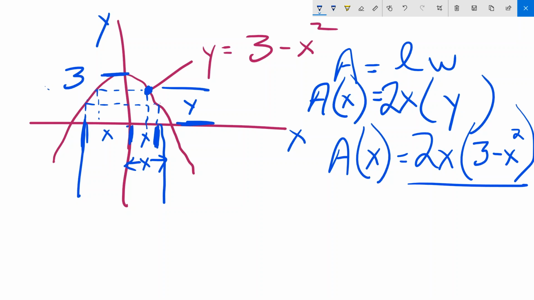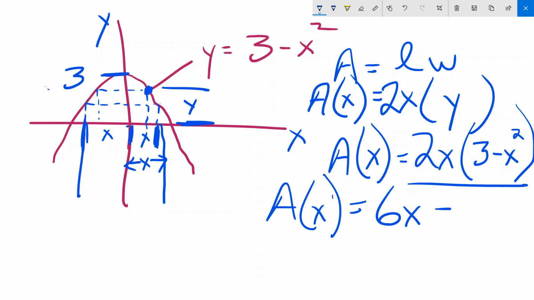So what's my next step? Now you would just multiply it out, right? Okay, yeah, that's correct. My area function is 6x minus 2x cubed. Now what?